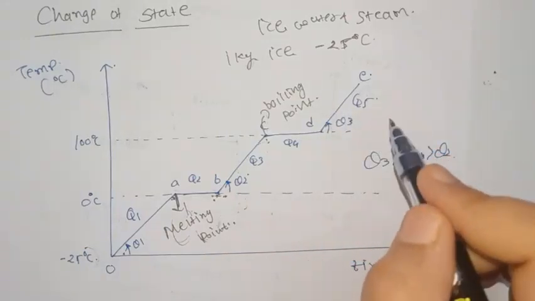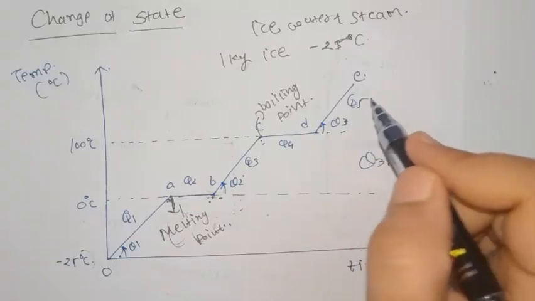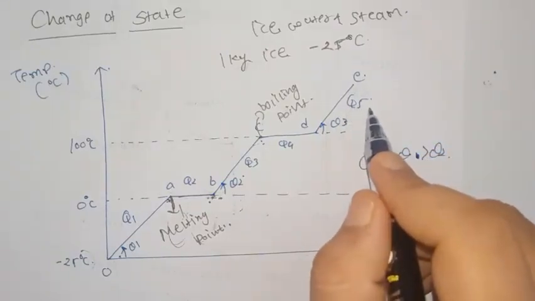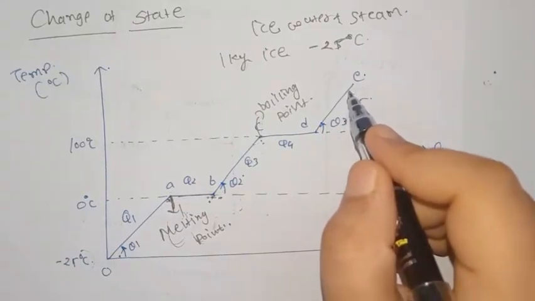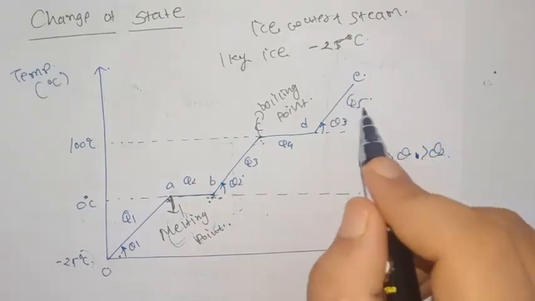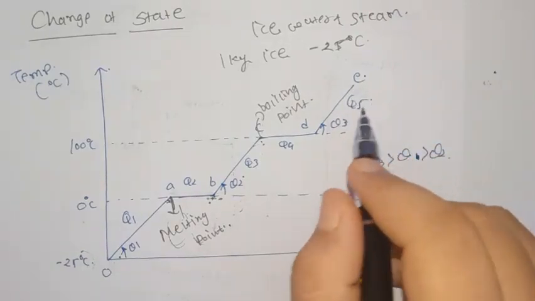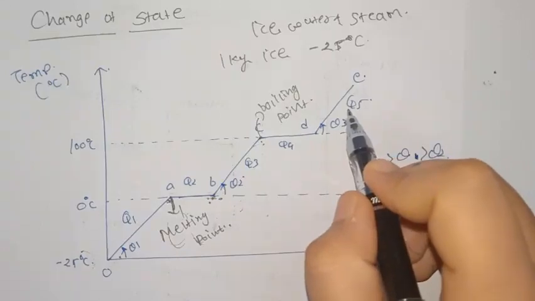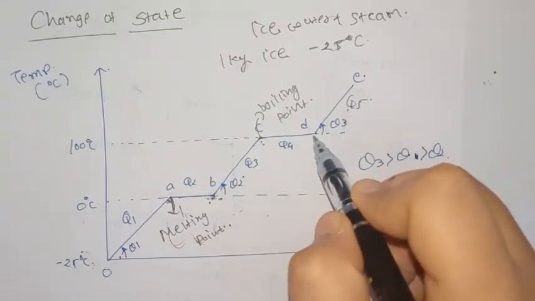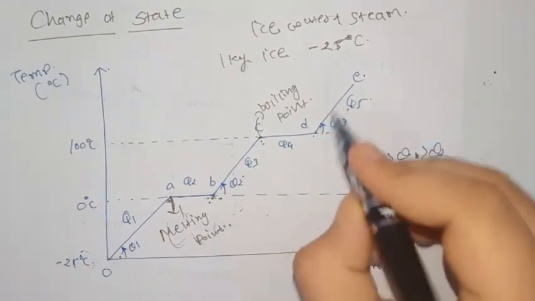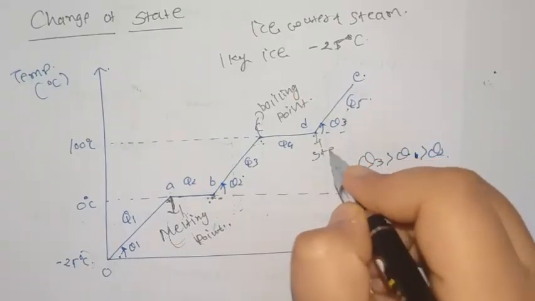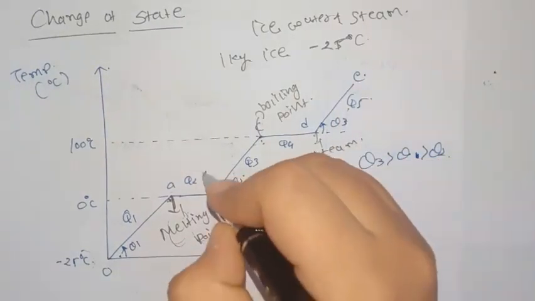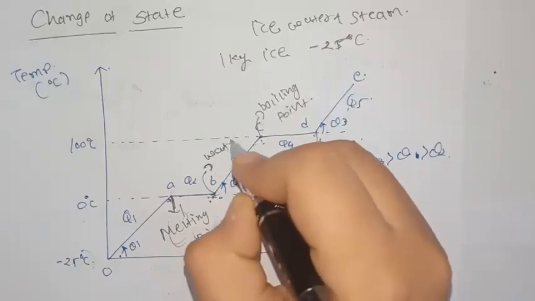This is the amount of heat needed to vaporize 1 kg of water at 100 degrees Celsius to steam at 100 degrees Celsius. So at point D, it has been converted into steam, and at point B, the ice has been converted into water.